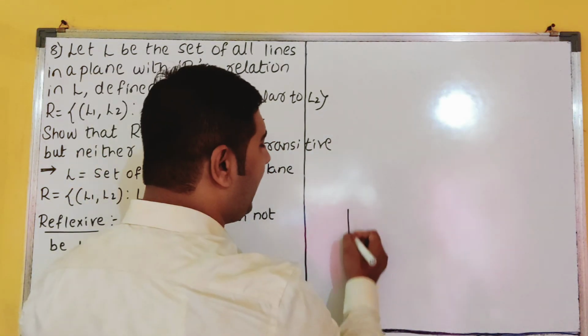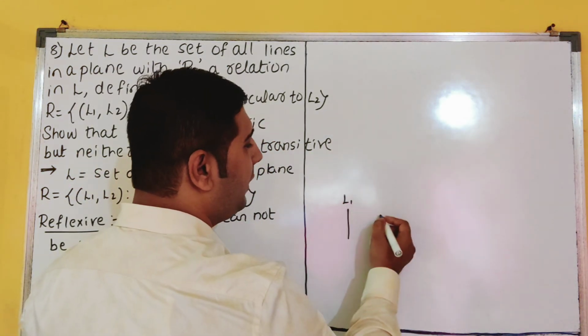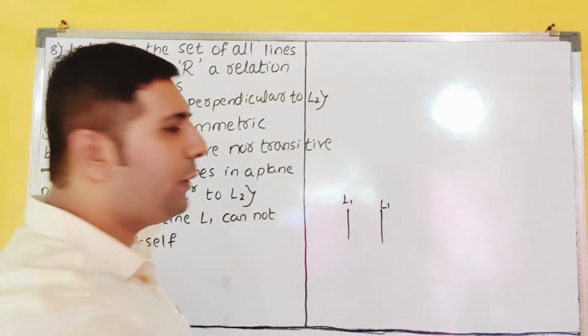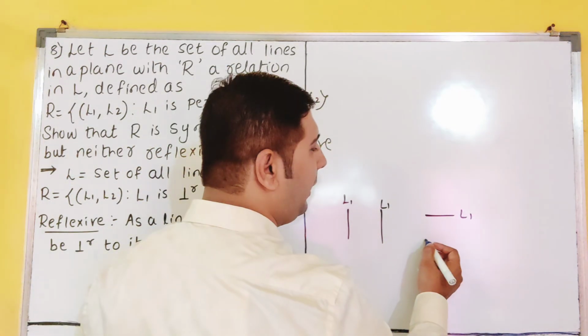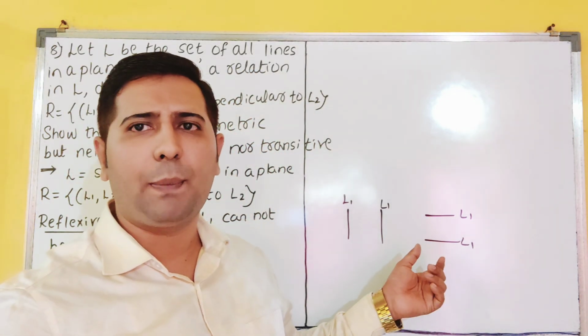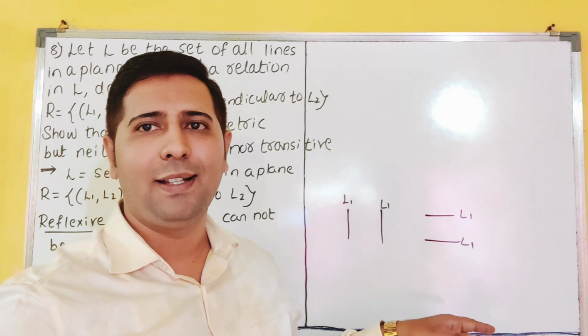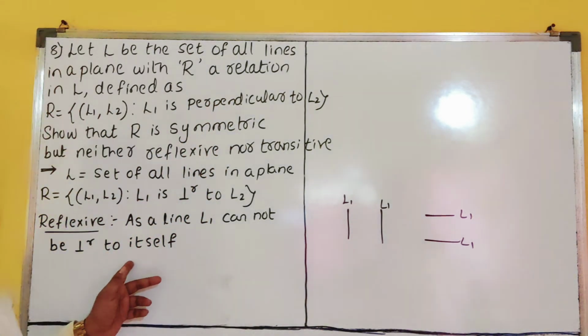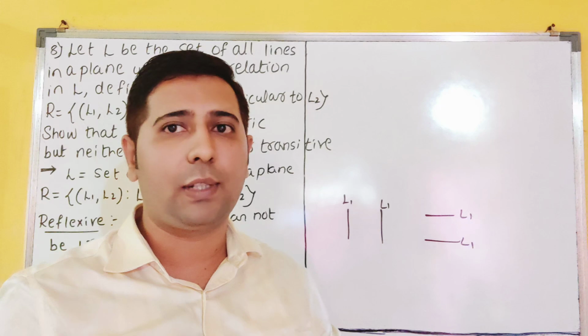If you take L1 like this, and again write L1, that will be parallel. If you take it like this, this is also L1 only. So L1 is not perpendicular to L1, dear students. They will become parallel. So that's why it is not reflexive. Reflexive means all the pairs should satisfy.